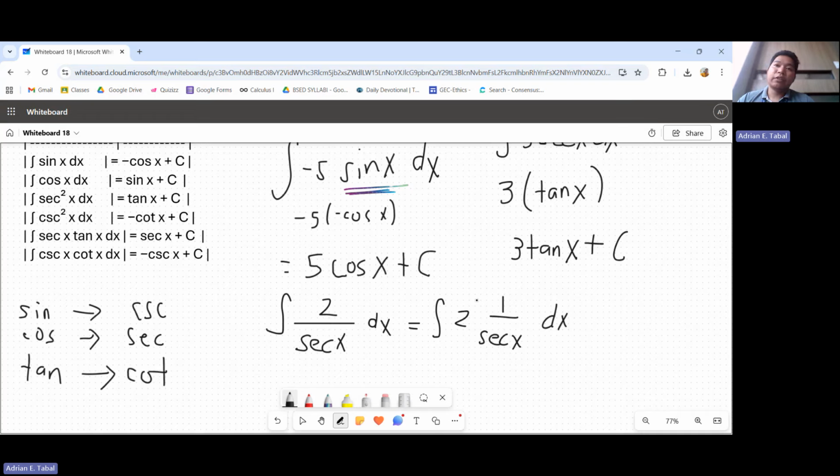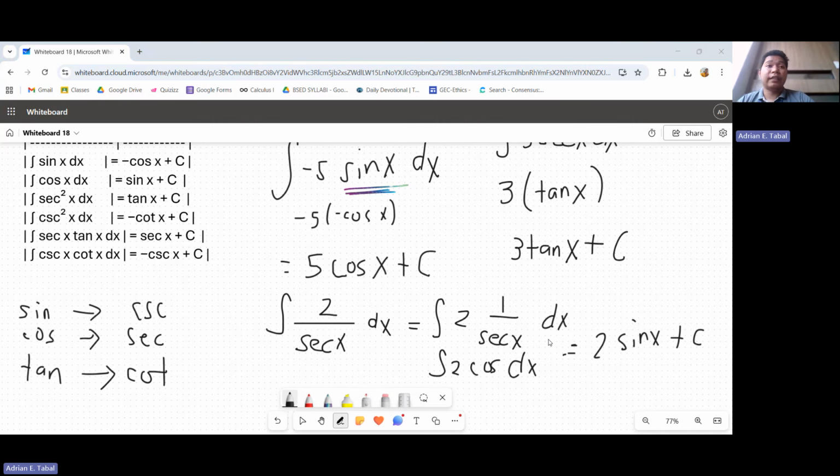So we can say that 1 over sec x can be written as cos, so we have 2 cos x dx. We can integrate 2 cos x dx, that is 2 times the integral of cos, which is sine x, plus c. So do not forget the trigonometric ratios.